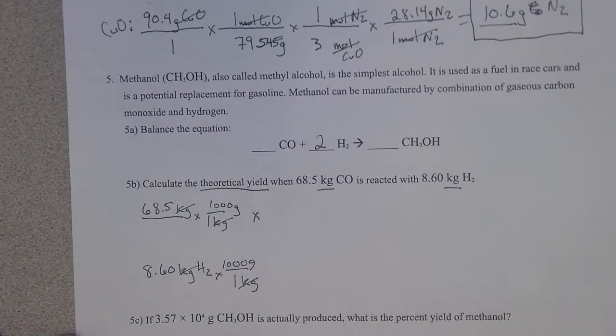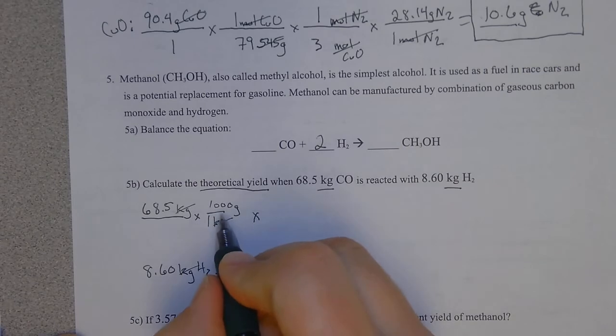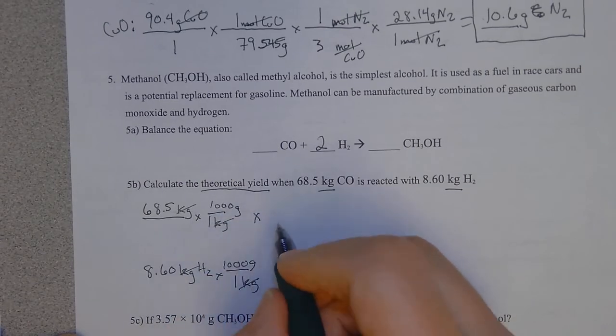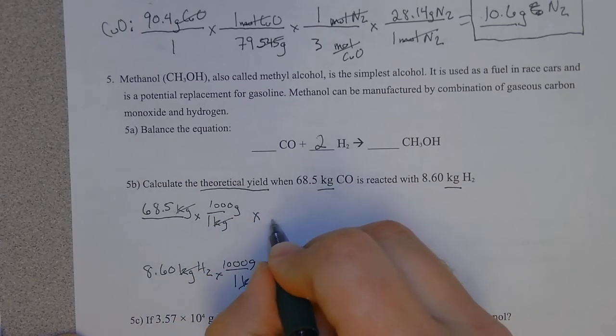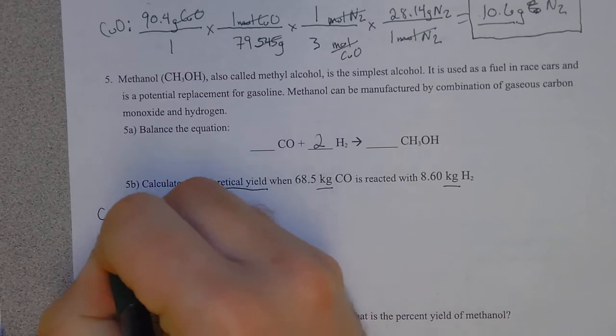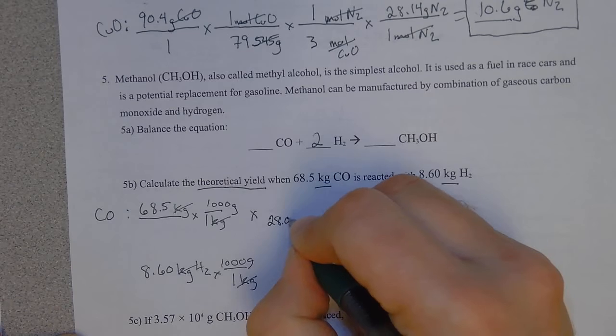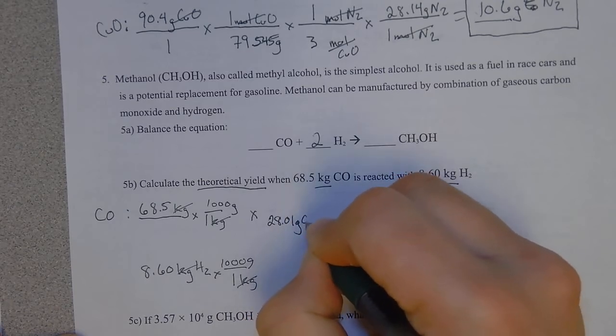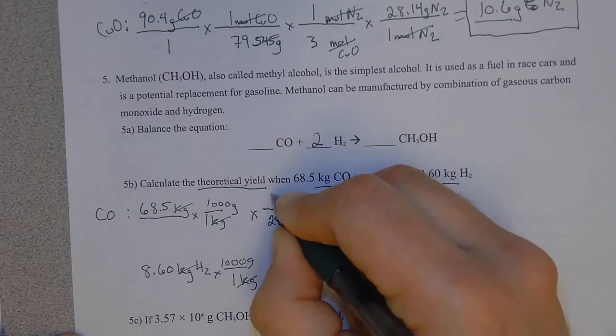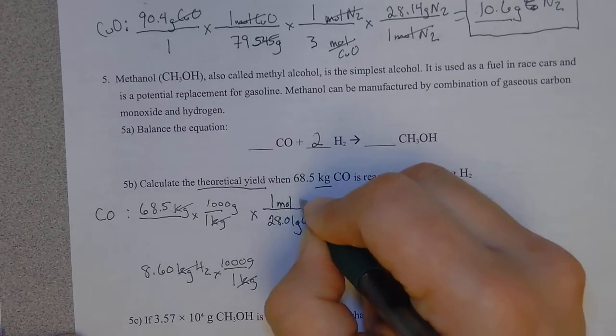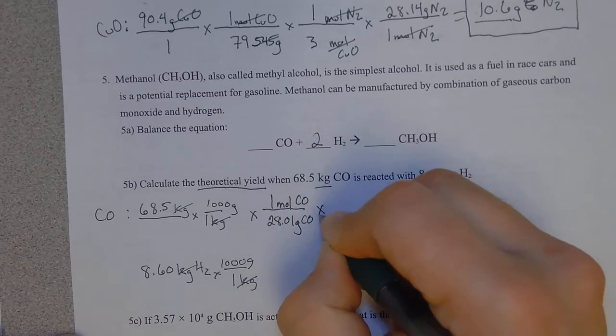So I need to find a limiting reactant, which means I need to turn the grams into moles. So the molar mass of carbon monoxide is 28.01. That's grams of carbon monoxide. That'll give me 1 mole of carbon monoxide.